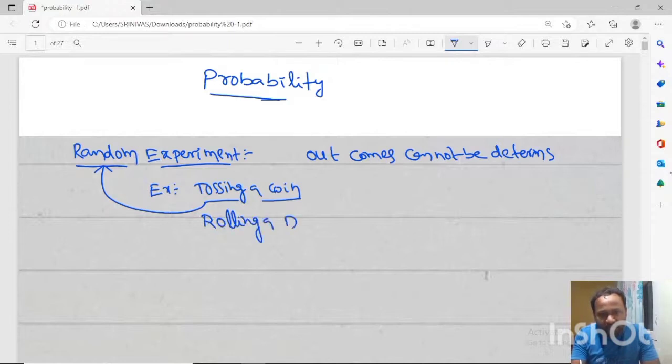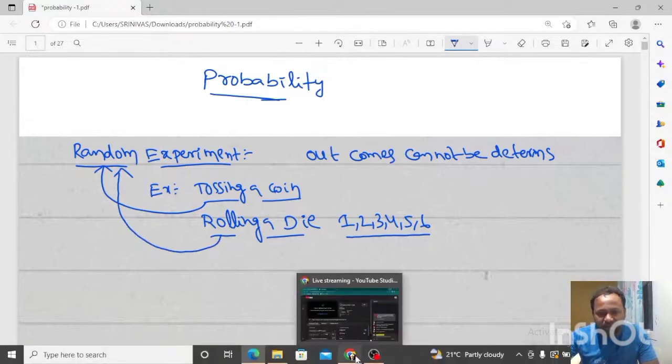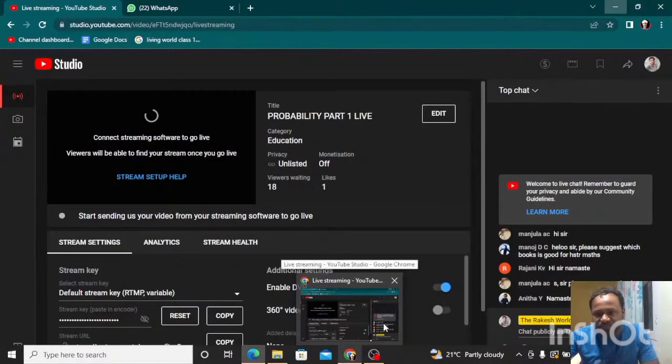This is also an experiment in which the outcomes, outcomes means results, will be 1, 2, 3, 4, 5, 6. Anyone may come, we cannot expect. That's why this is called a random experiment.